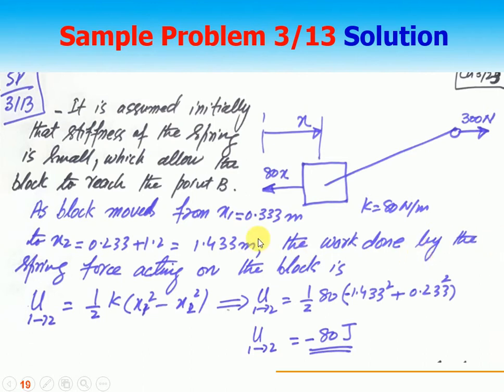The work done by the spring force acting on the block is half k times x1 squared minus x2 squared. With k equal to 80 Newton per meter, we get minus 80 joules as the work done. Minus means negative work done against the spring force.